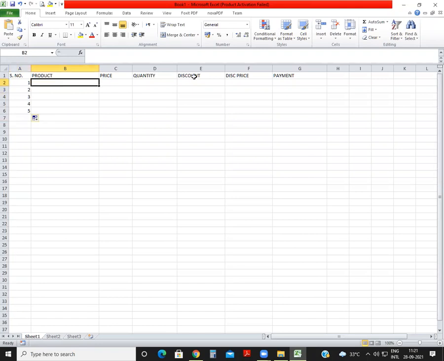Now you write the names of some products: football, badminton, skates, and basketball. Then the price is 500 rupees for it and 1500.